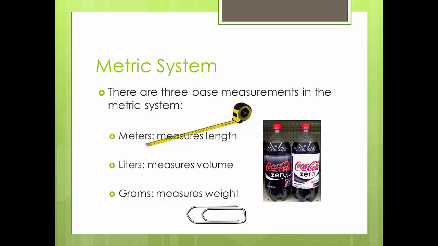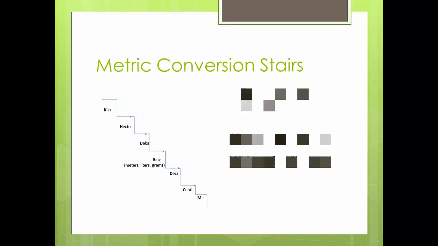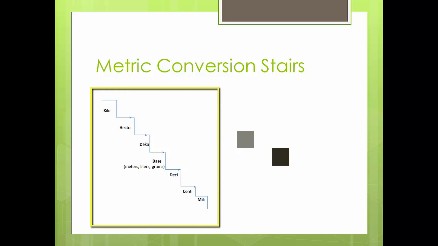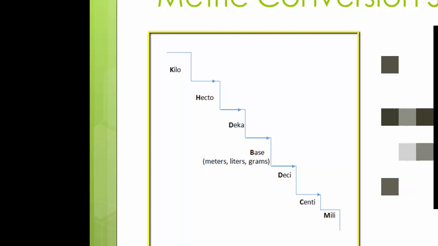So how can we make conversions between the different types of base measurements? We can do that by using our conversion stairs, which I have a picture of on the left. Now if you look at this picture, we're going to start in the upper left corner where it says kilo. Kilo is equal to 1,000. The next step down is hecto.